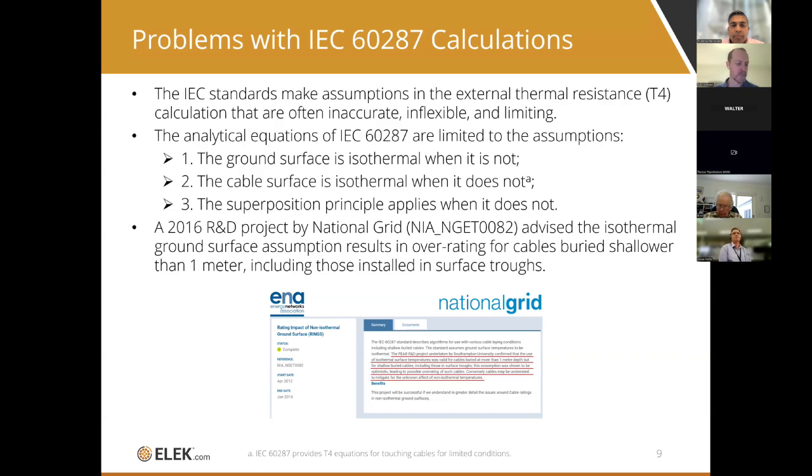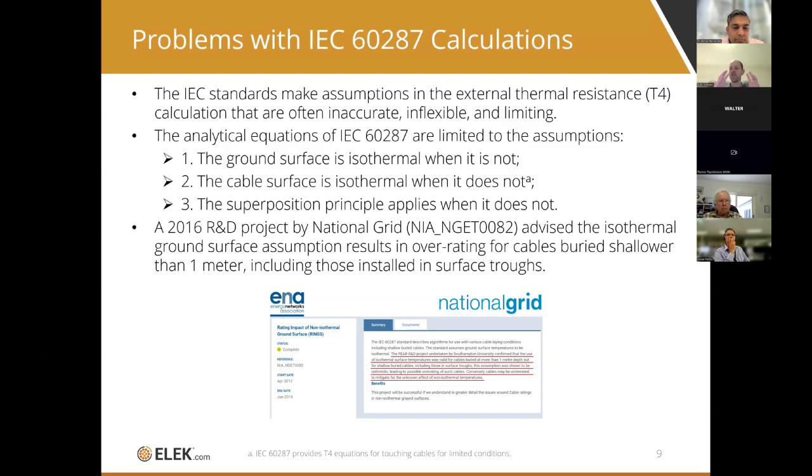Isothermal means that it's at constant temperature across its boundary, and also that there is no convection between the ground surface and the air above. That's ignored. So again, very ideal. Now, when you're dealing with shallow buried cables, this is very much not the case, especially. And also that it assumes the cable surface is isothermal, when it's not.